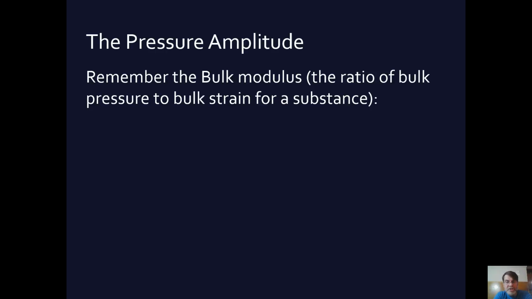And the bulk modulus is the ratio of the bulk pressure to the bulk strain. Strain is how much the size changes. So the bulk modulus is the ratio of the bulk pressure to that bulk change in volume. We can put it like this: the bulk modulus equals the negative of the bulk pressure over the infinitesimal change in volume.